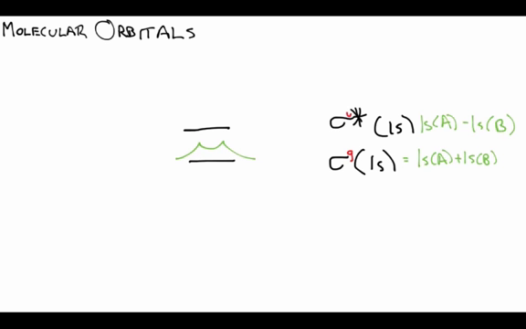And remember, the wave function is an expression of the electron itself. The amplitude squared of that wave function is telling us the probability of finding the electron in a particular place, and the curvature of the wave function is telling us about the kinetic energy. So that's still all within this description here.